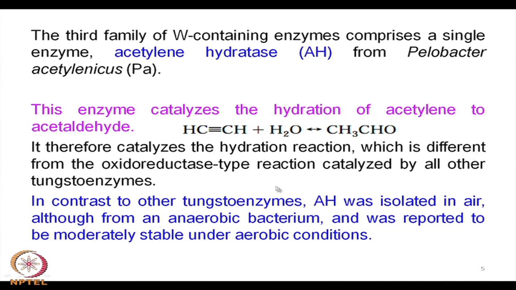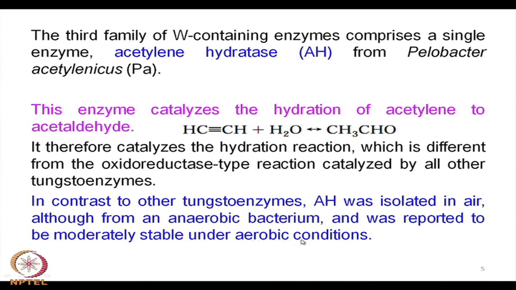So, this is the third type of enzyme, a little bit different from the other tungstoenzymes, because this acetylene hydratase can be isolated in air, although it comes from an anaerobic bacterium; it is not available from aerobic bacteria, but it is moderately stable in aerobic conditions.